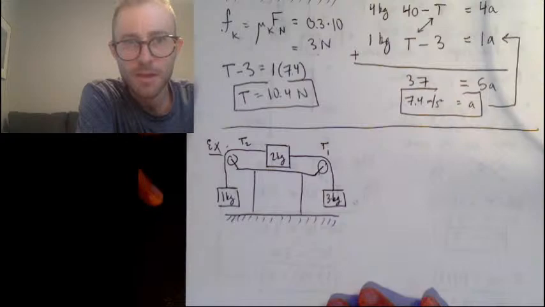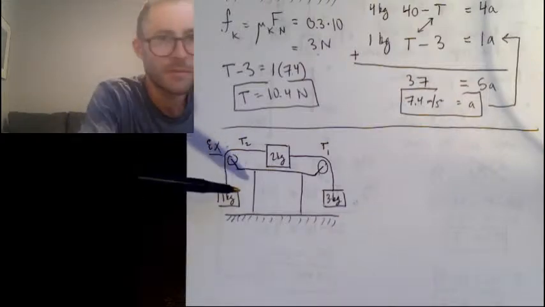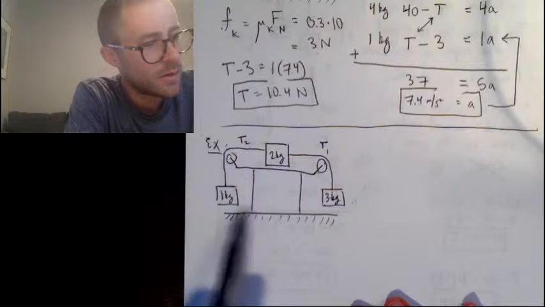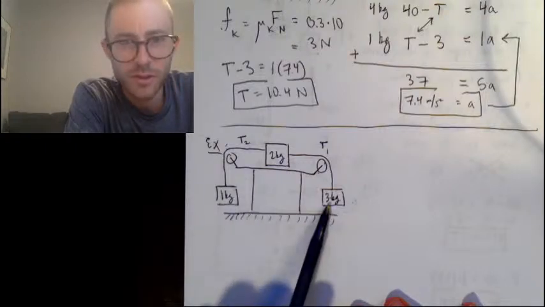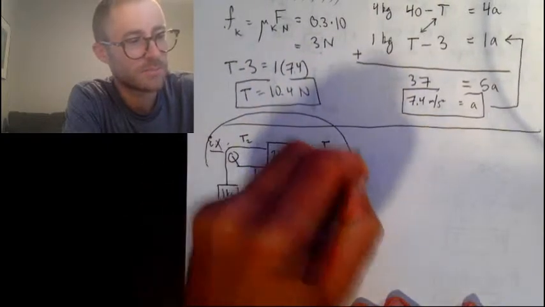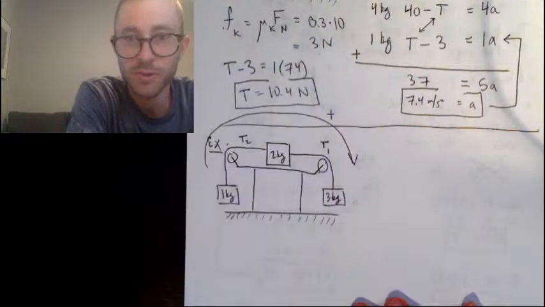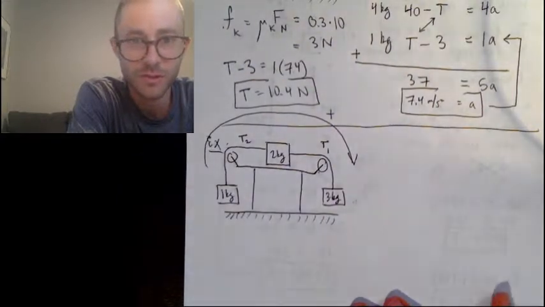Obviously this 3 kilogram mass is going to pull the system so that this will be the positive sense. That's what I will define as the positive sense of the system.